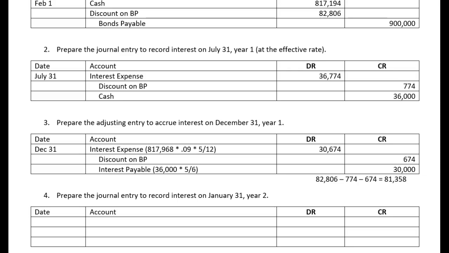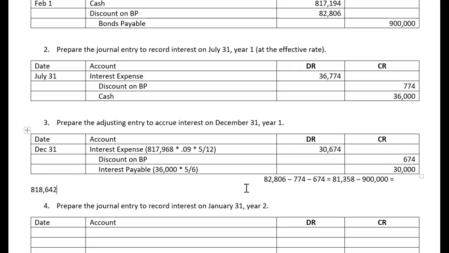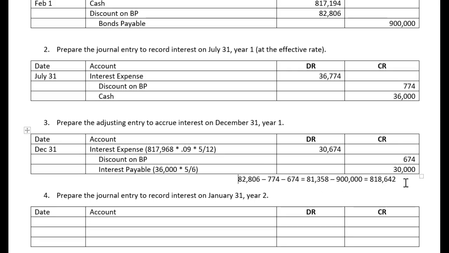Now remember, that account would be netted with our actual bond payable. So notice discounts have a debit balance, bond payable has a credit. So if you then net that out, we would subtract that from the 900,000, and what that tells us is at the end of the period we would carry our bond at 818,642, and that's the amount we would actually show on the balance sheet.